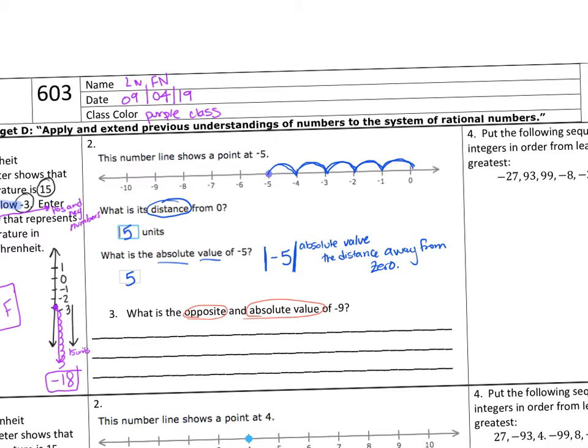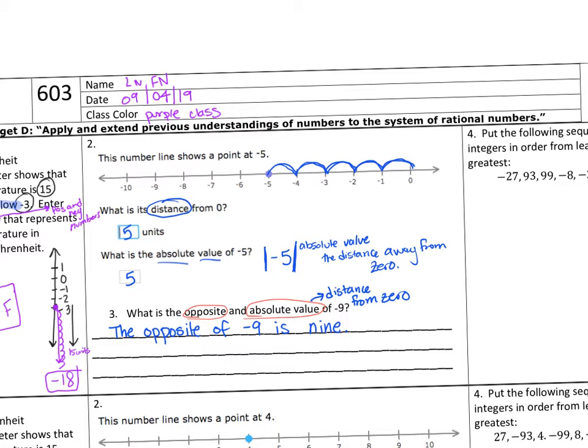So the opposite of -9, we know that is just +9, so we can just write that. The opposite of -9 is 9. And remember, the absolute value just means distance from 0.